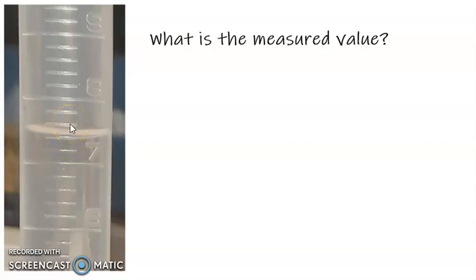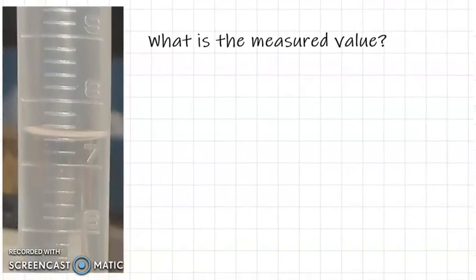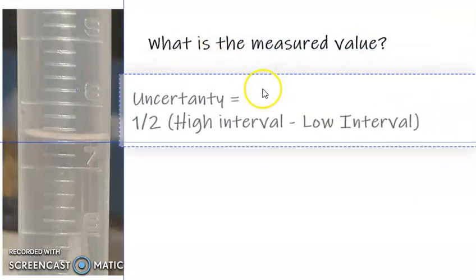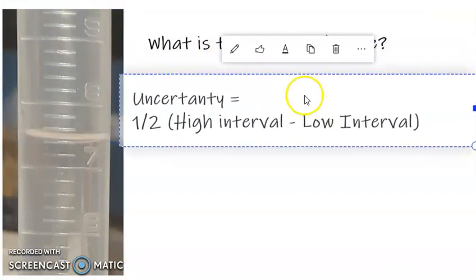But how do we read this to the full precision of the instrument or of the piece of glassware? So you may recall that the uncertainty of a scale that you're reading is equal to 1/2 of the high interval minus the low interval.